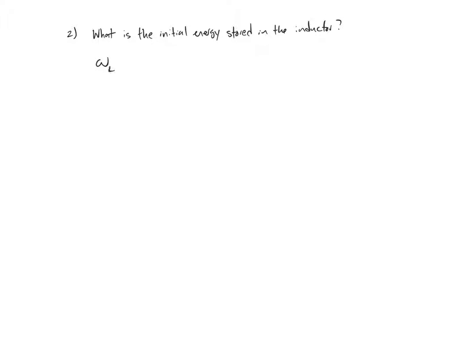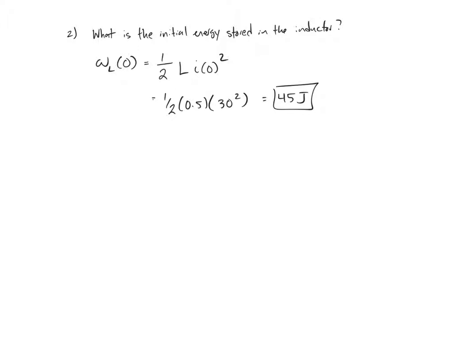Omega L at time 0 is given as the energy in an inductor, which is related to the current as 1/2 the inductance times the current squared, and here specifically we are looking at the initial current, so it's not changing in time, so we don't have any of those exponential functions tacked in here. So it's just simply 1/2 times 0.5 times the initial current, which is 30, quantity squared, computes to 45 joules initially stored in the inductor.